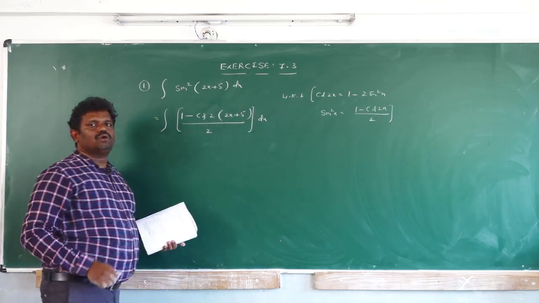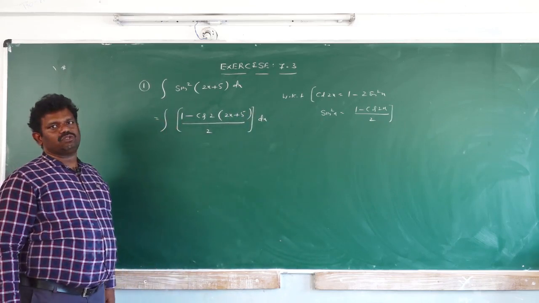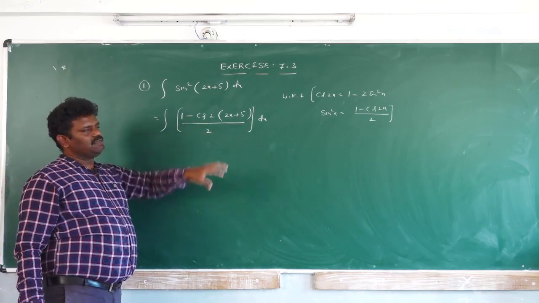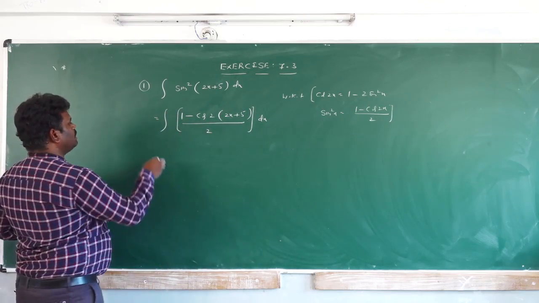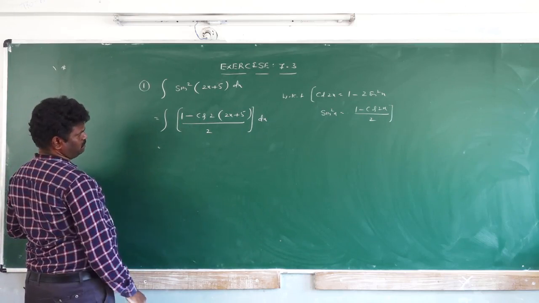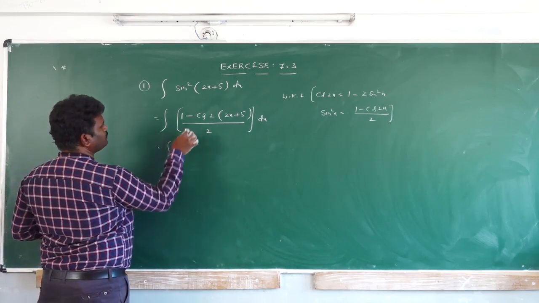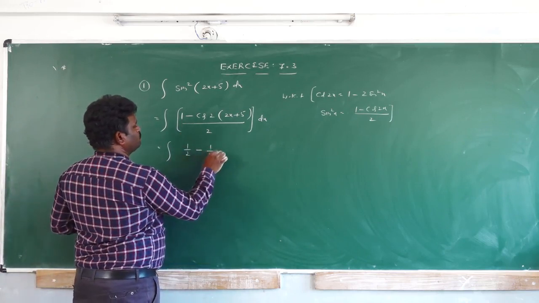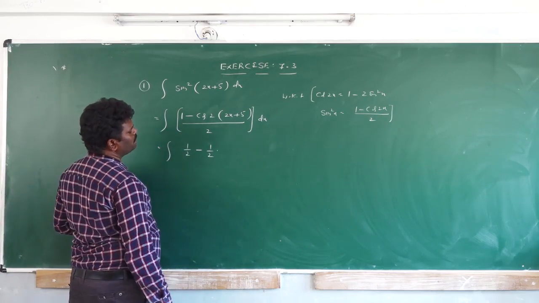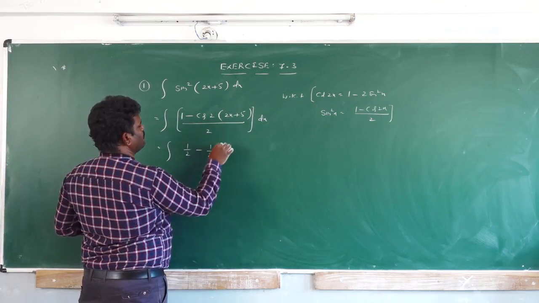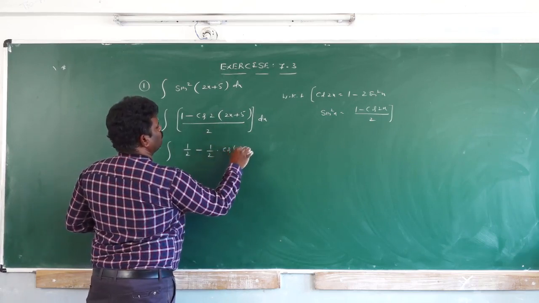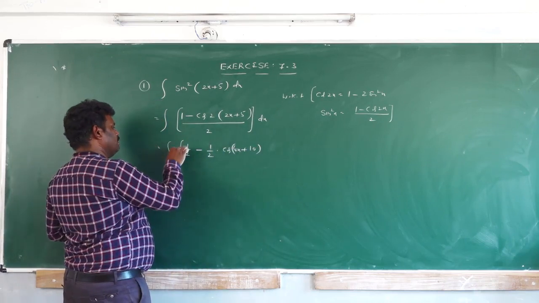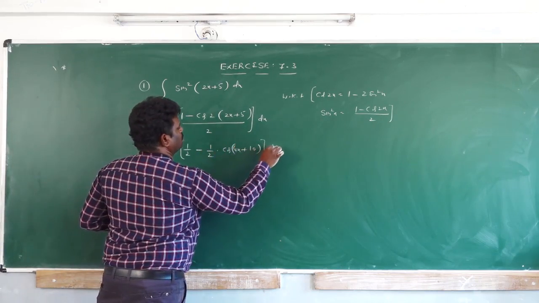Like that, we substitute the proper trigonometric formula and simplify the given function. Then it is equal to the integral of 1 by 2 minus 1 by 2 cos of (4x plus 10) dx.